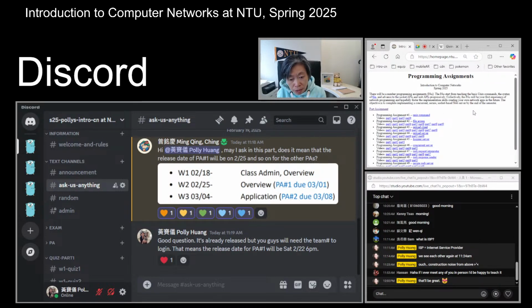You will see the list of programming assignments. There will be a number of programming assignments, and the PAs start from teaching the basic Unix commands, syntax of Go, and advance to socket APIs and web API.